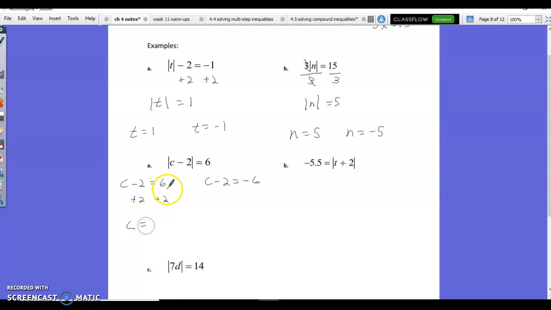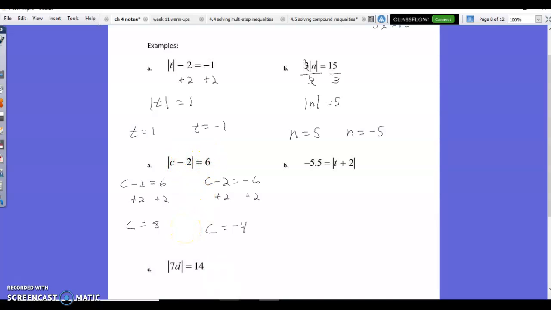C equals 8. So that's one of my equations that can make this true. 8 minus 2 is 6. Add 2 to both sides. C equals -4. That would be my other equation. -4 minus 2 would be -6. The absolute value of -6 equals 6.